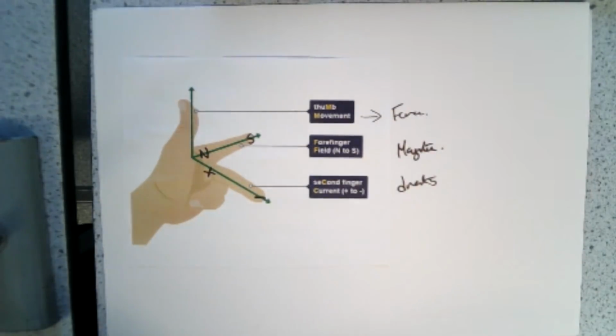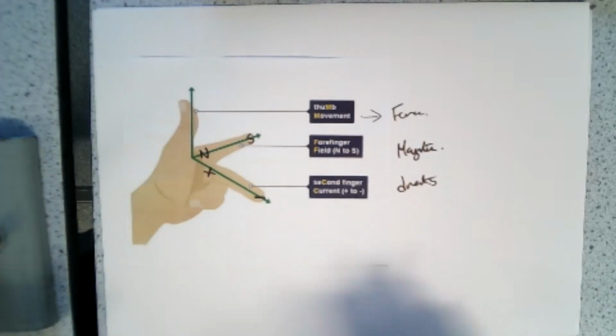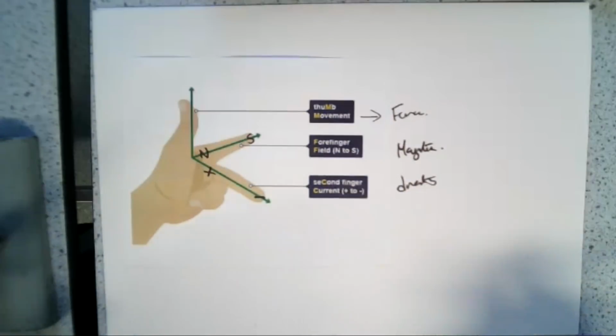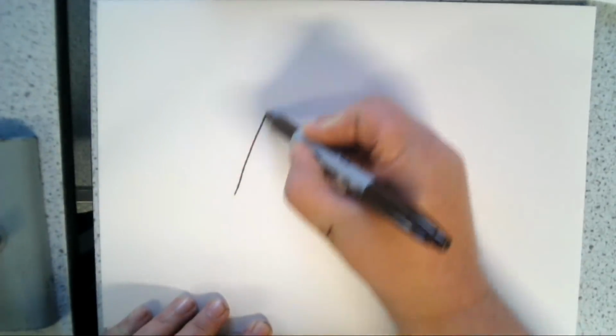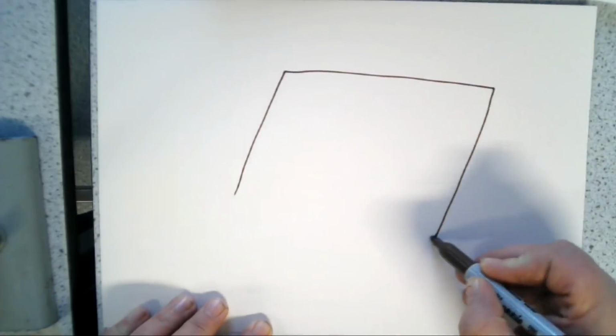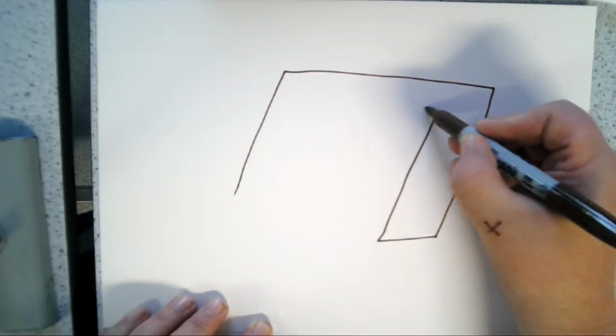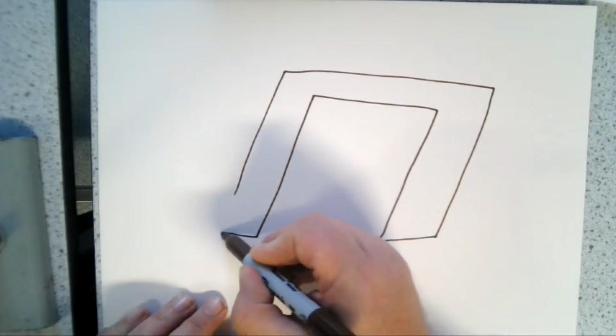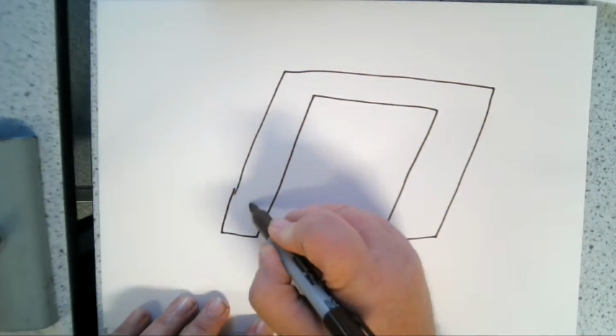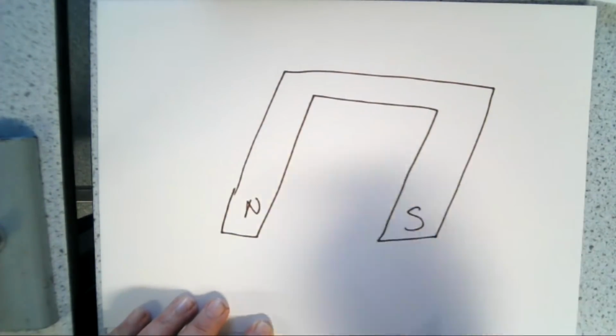Now, what I just want to do though is to go through, before we use Fleming's left-hand rule, the motor effect and what actually happens here. So if I take a horseshoe magnet, I'm just going to draw it like this. Let's say this is a north pole and this is a south pole here.